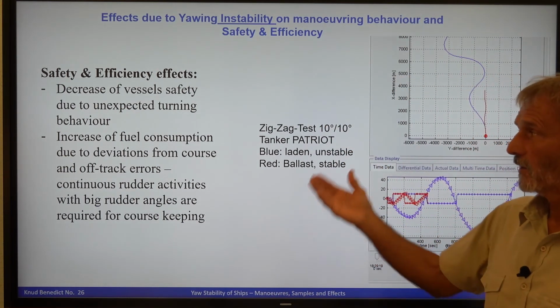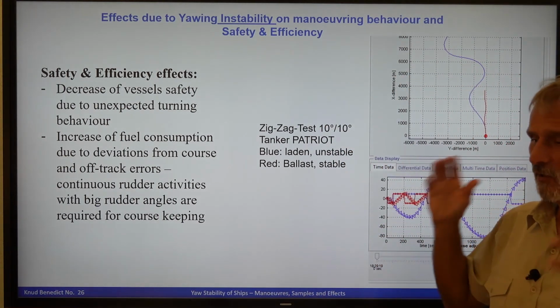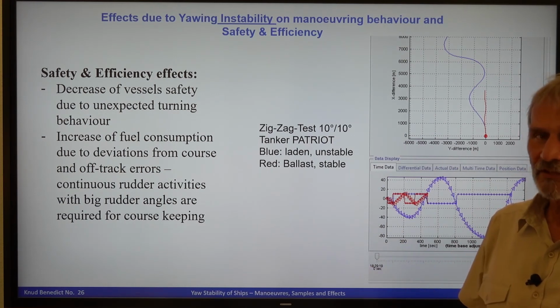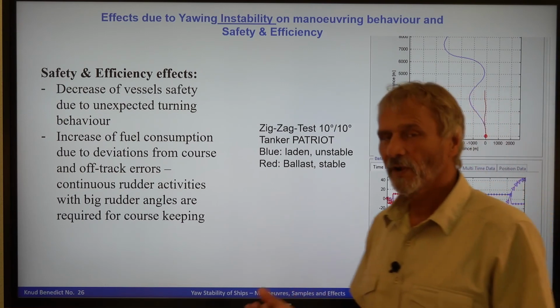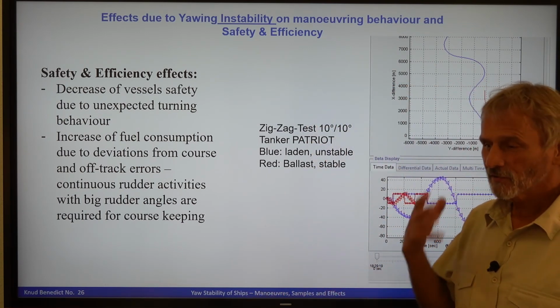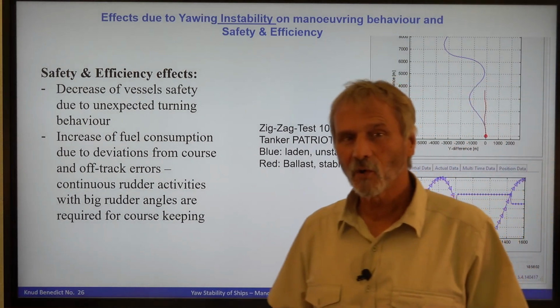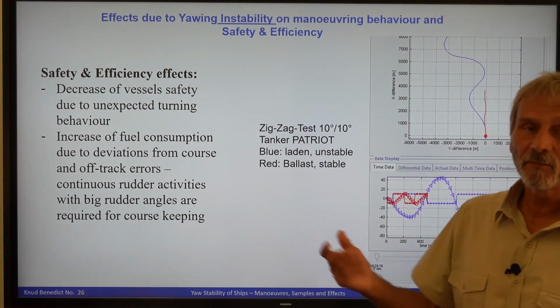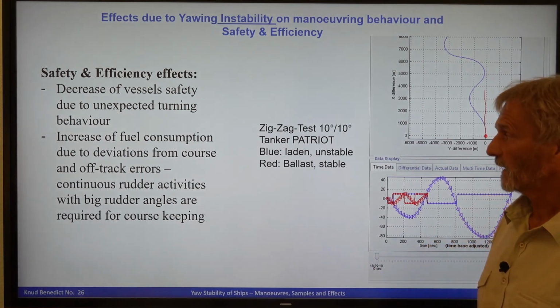Or if you have to steer the ship over the Atlantic and the ship is unstable, it might even happen that your autopilot is out of order, because this device does not know that to get out of a starboard turning, you might need a very big rudder angle to the other side.